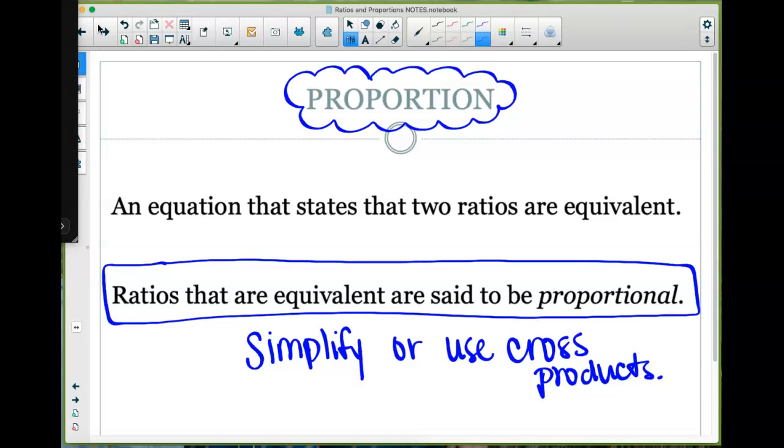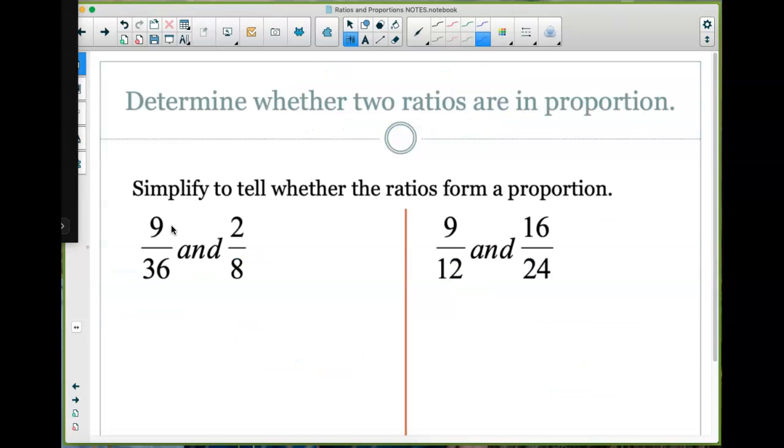Okay. So, if I give you a set of ratios like 9 over 36 and 2 over 8. Okay? And you want to determine if they are proportional, if they form a proportion. If they do, that means they have to be equal, okay?